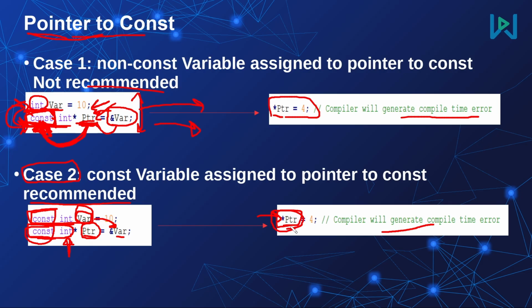This is not allowed. Here in the first use case, although we cannot update the variable via the pointer because we have this const type qualifier associated with the type of variables pointed by our pointer, however, the variable itself, which is used to initialize our pointer, can be updated. For a basic reason is that we don't have the const type qualifier in this case.